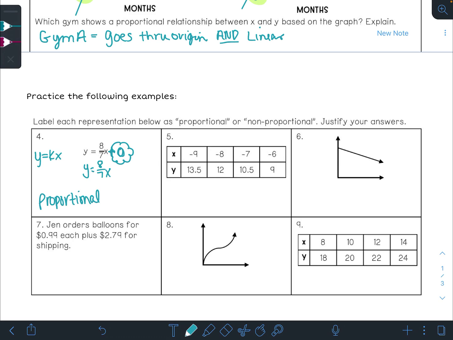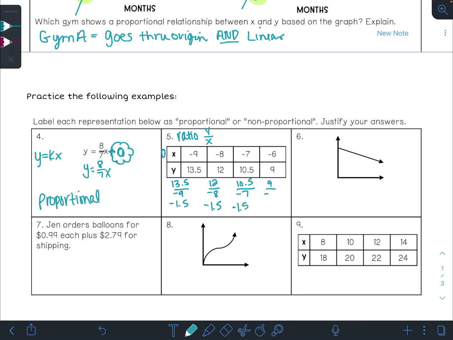Now, when you have a table, notice that this table doesn't have 0 on here as my x value. So when it doesn't have that, I have to check the ratio of y over x. So you basically do that by doing 13.5 divided by -9, which gives you a -1.5. 12 divided by -8, which gives me a -1.5. 10.5 divided by -7, which is -1.5.